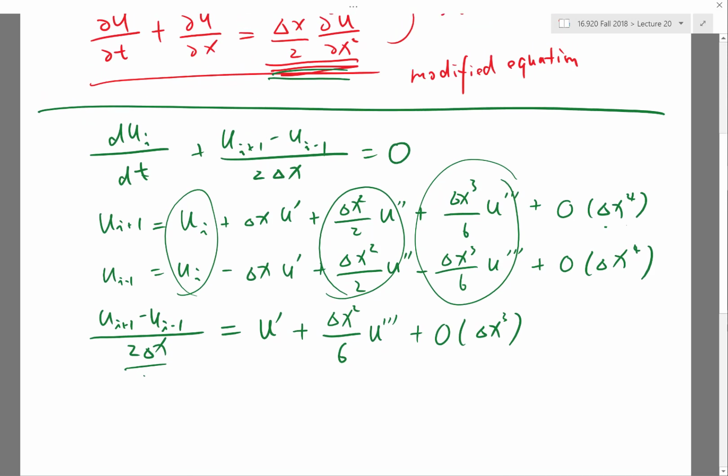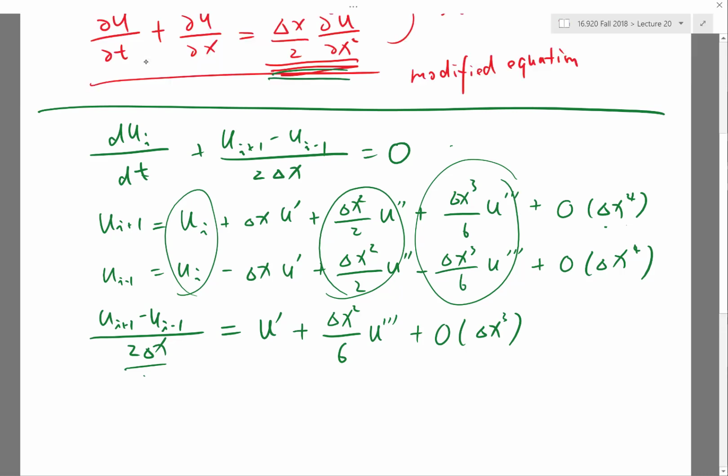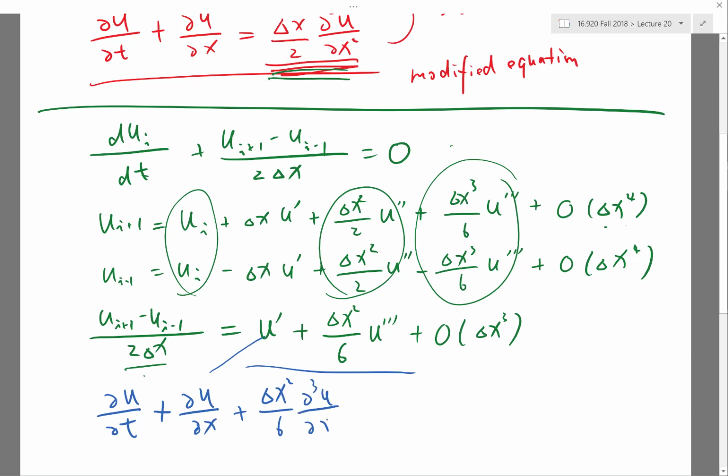So that means this numerical scheme is actually a pretty high order approximation for this differential equation if you plug this into the differential equation. It is equal to du dt plus du dx, which is this term, then plus delta x squared over 6 times the third order derivative of u, equal to 0.